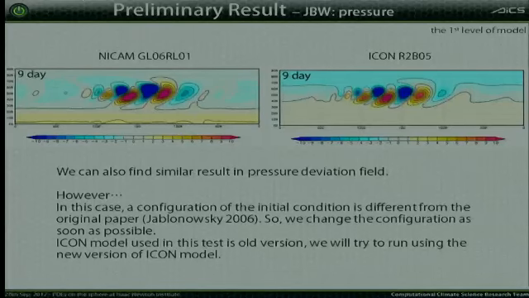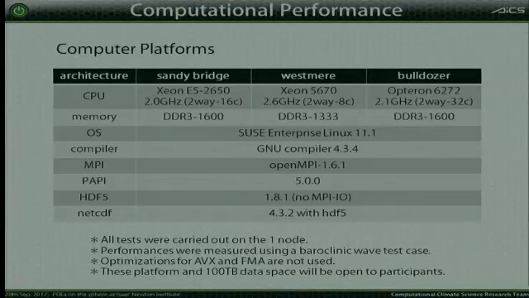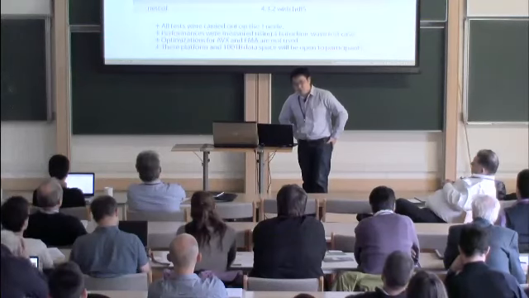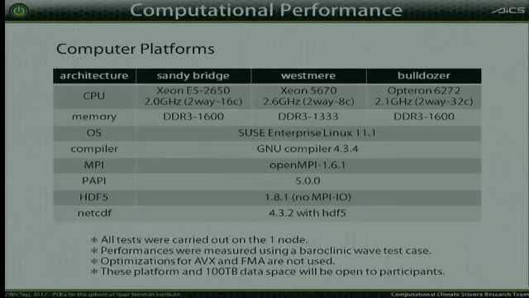Okay, next is computational performance. We have three computational platforms: Sandy Bridge, Westmere, and AMD Bulldozer. The CPU is different, but the memory is almost the same.